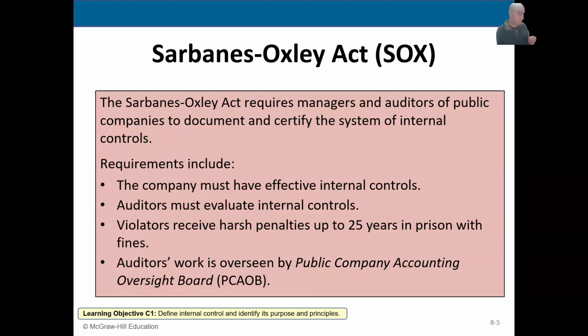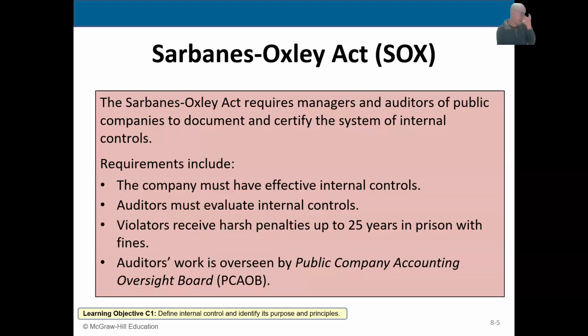And so the Sarbanes-Oxley Act of 2002 was designed to protect investors like you and I who purchase stock in publicly traded companies against fraud, right? That was the whole idea behind it. So the act said that the companies have to have effective internal controls established, documented, and verified. Auditors must be able to evaluate this set of internal controls to ensure that the company is adhering to generally accepted accounting principles and are accurate in their reporting.